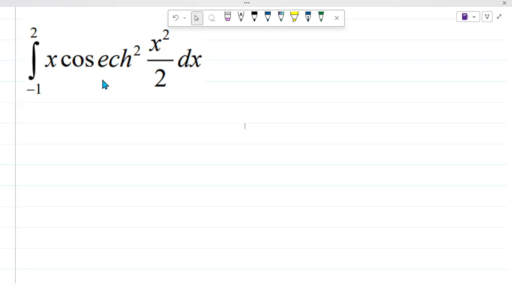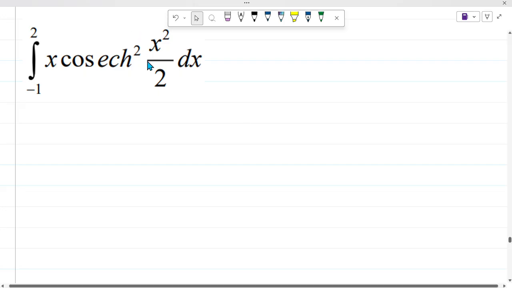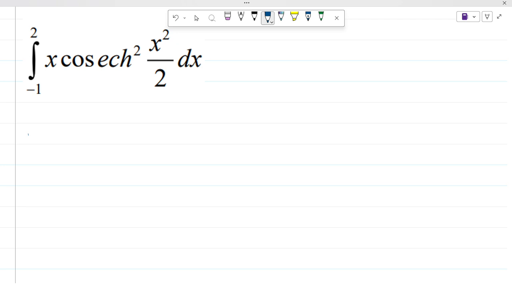So what do we then do? We first make sure that next to this hyperbolic function, we have the derivative of the argument. So the argument here is x squared over 2. So this is the argument as a whole.